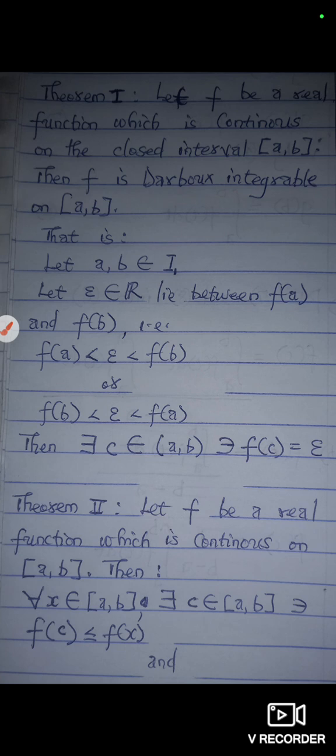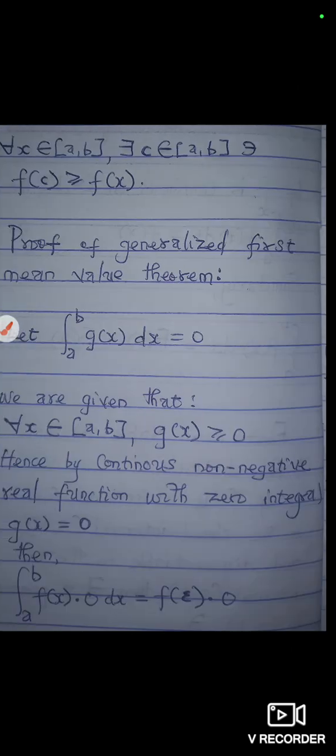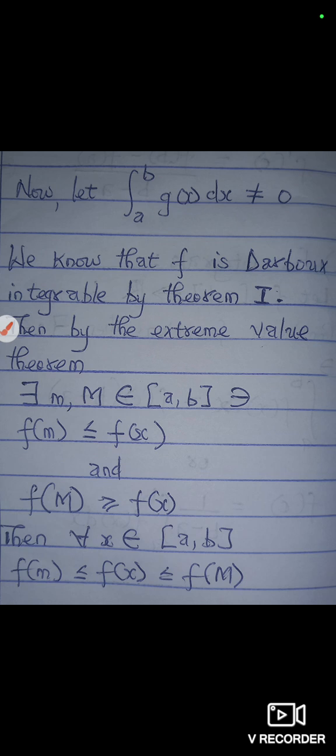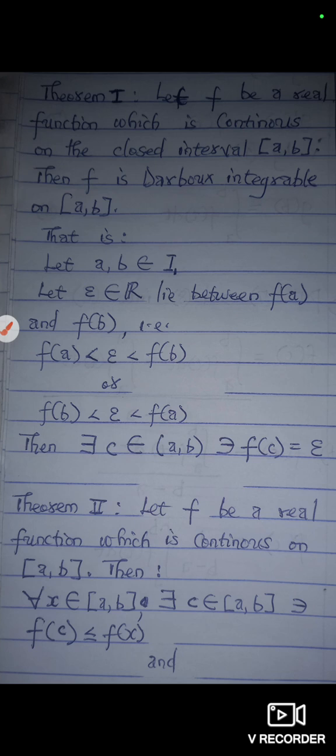So if we can use this, then we have shown that f is Darboux integrable. Now let's go back to our proof. Now we know that f is Darboux integrable, that f satisfies these conditions. Then by the extreme value theorem, now let's look at the extreme value theorem.